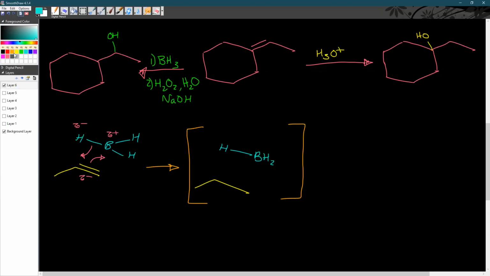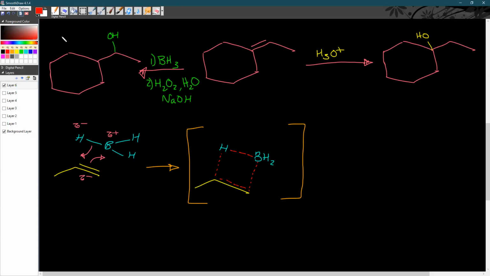What happens is that we end up getting this kind of box intermediate, okay? Where we're starting to form these bonds between the hydrogen and the boron. We're starting to degrade this bond between the hydrogen and the boron. And that double bond is also starting to degrade, okay? So we have this little box going on.